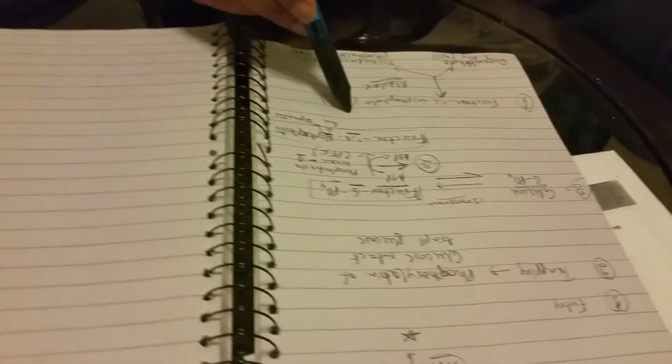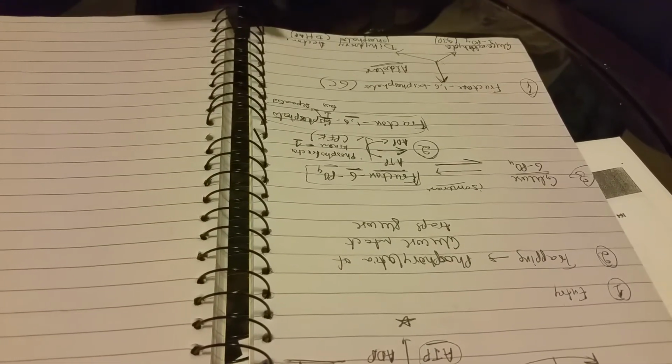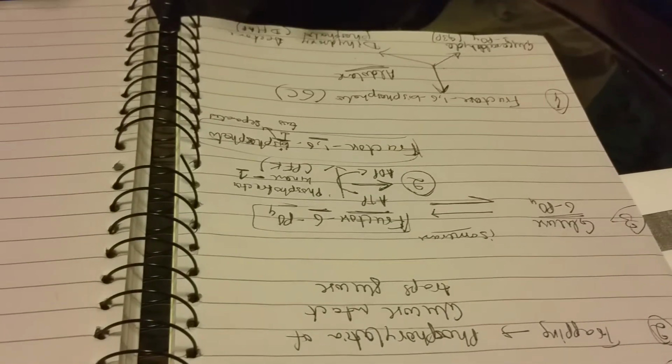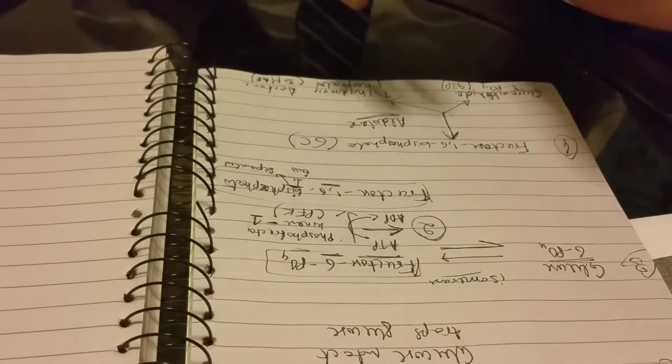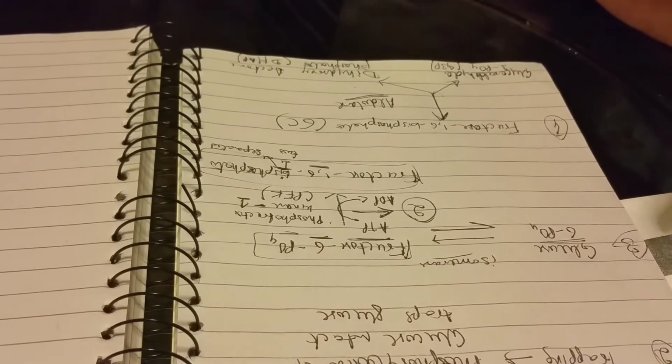So we have now converted this 6-carbon fructose 1,6-bisphosphate into two 3-carbon sugars. One is the aldo sugar and the other is the keto sugar.